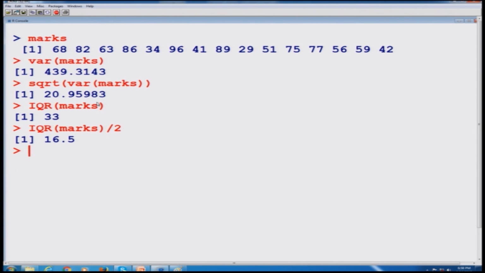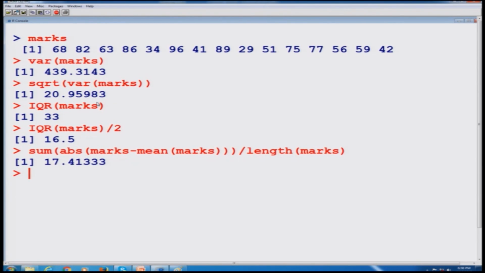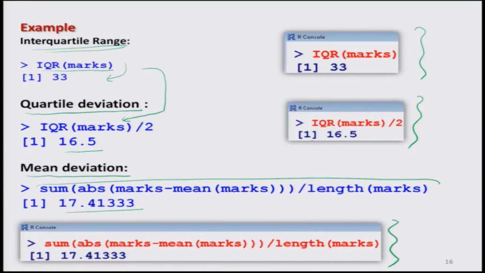And in case you want to find out the mean deviation, this is given here like this, value 17.41. So you can see that it's not very difficult to compute these values directly from the R software. So now let us come back to our slides and see what we can do more.